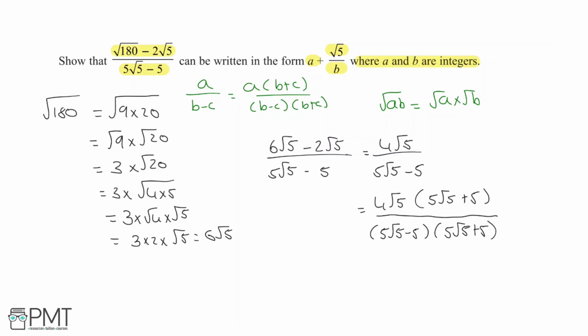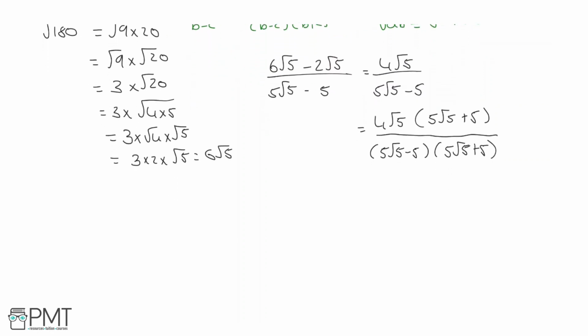Next step is to expand our brackets. For the numerator, 4 root 5 times 5 root 5 and 4 root 5 times 5. So we will have 4 times 5 is 20 times root 5, 20 times 5 is 100, so this is going to be 100. 4 root 5 times 5 is 20 root 5, so plus 20 root 5, all over.